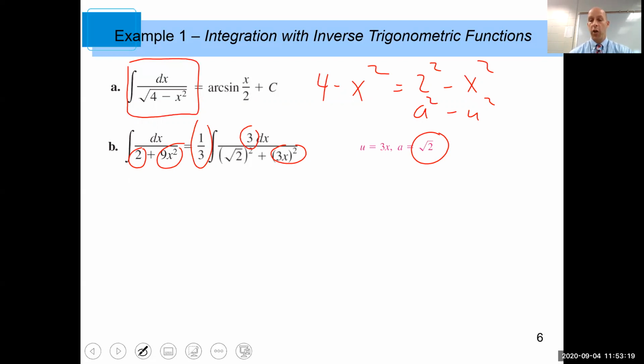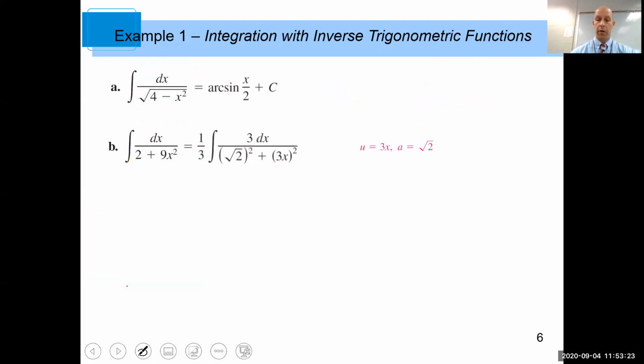Well, that comes from the u substitution. So then our final answer here is going to be 1 over 3 radical 2 arctan of 3x over root 2 plus c. So this is not a very difficult problem, but you definitely want to practice it some to make sure you understand how those rules work.